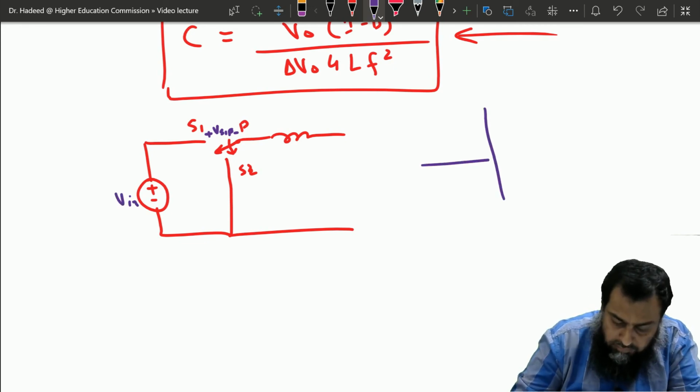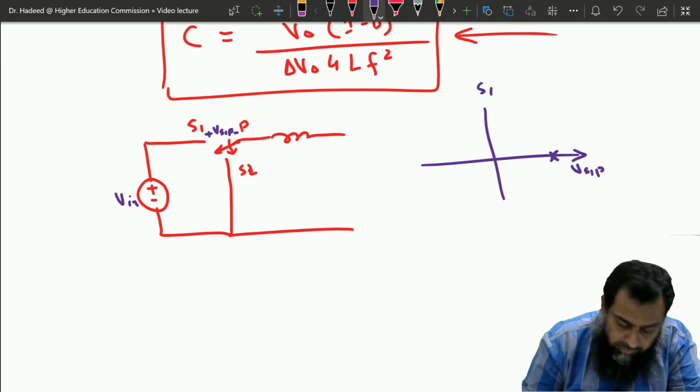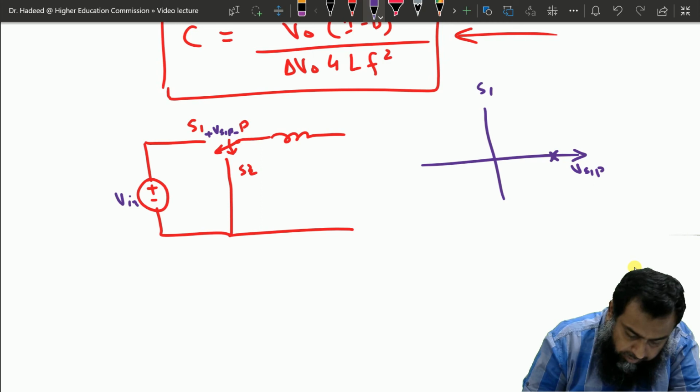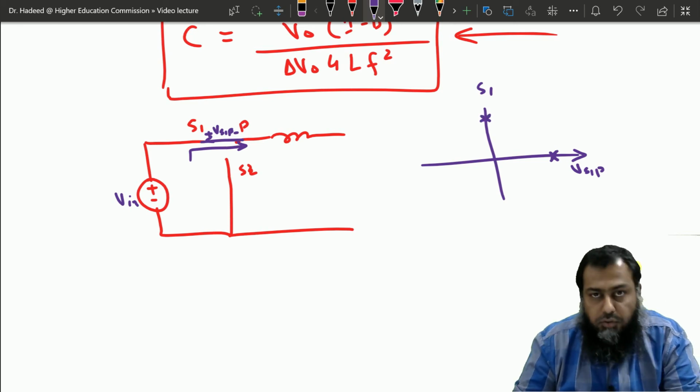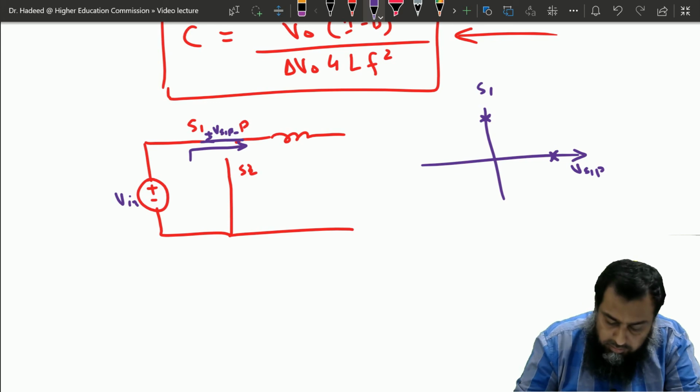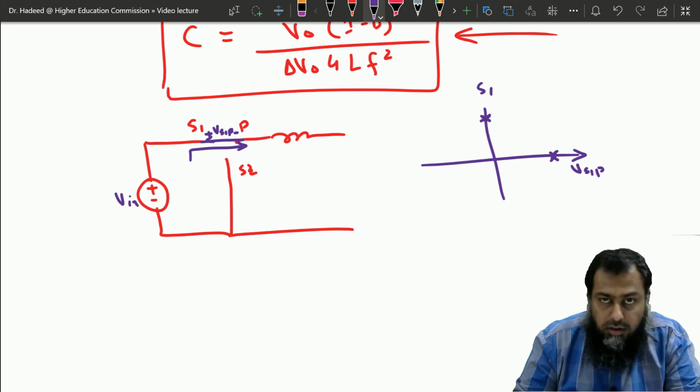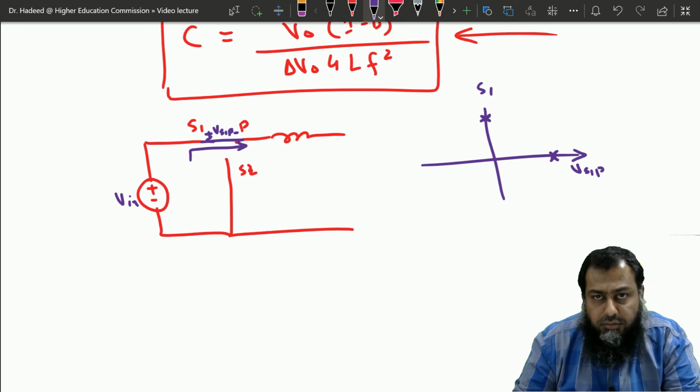So for S1, VS1P is positive, that it needs to block. When this switch is connected to position number 1, the current flow is the same as that of the inductor current, and therefore S1 should be capable of allowing the forward current to flow. So this is the IV characteristic required for the switch S1.